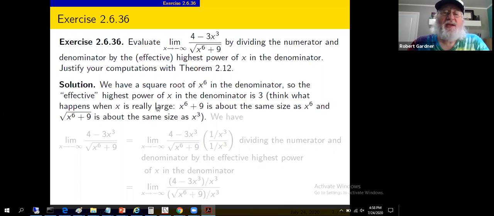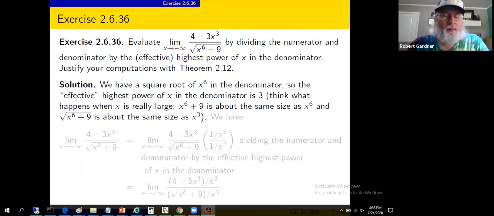If x is a big number, x to the 6 plus 9 is about the same size as x to the 6. The plus 9 isn't going to matter much. For example, if x was 10, 10 to the 6th power is 1,000,000. So we'd have not 1,000,000, but 1,000,009. So the 9 doesn't contribute much, even when x isn't that big.